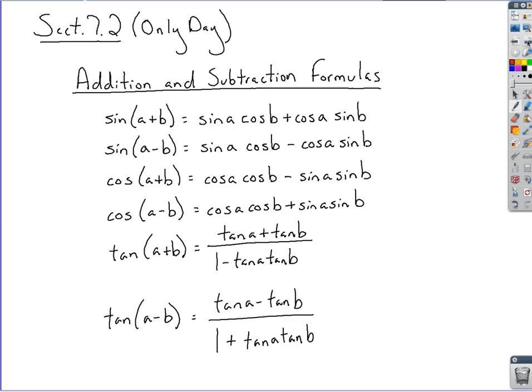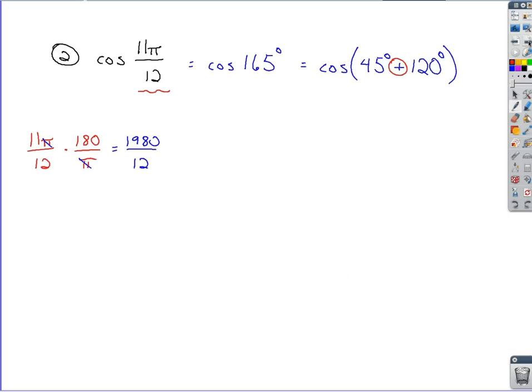Expanding all this out, we're going to have the cosine of A, the cosine of 45 degrees, times the cosine of B, the cosine of 120. We're going to subtract the sine of A, the sine of 45, times the sine of B. You've got all your pieces that we've got to go through and evaluate.